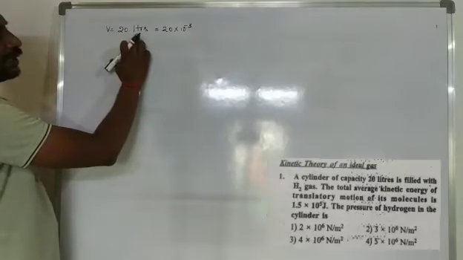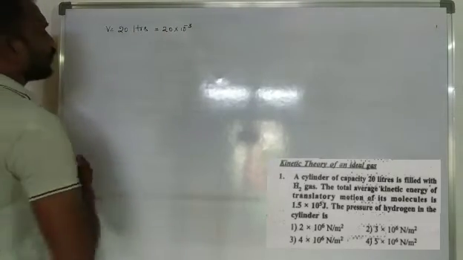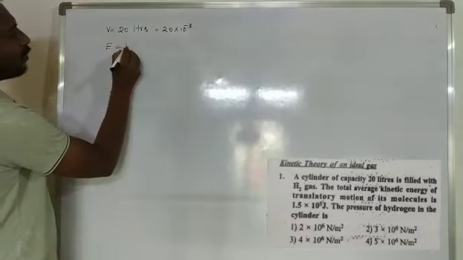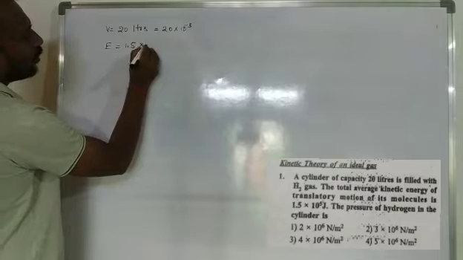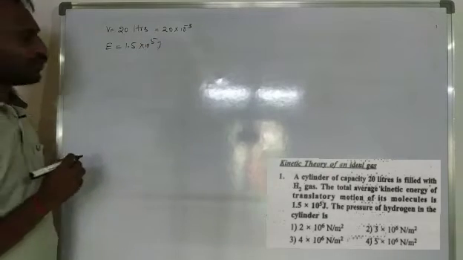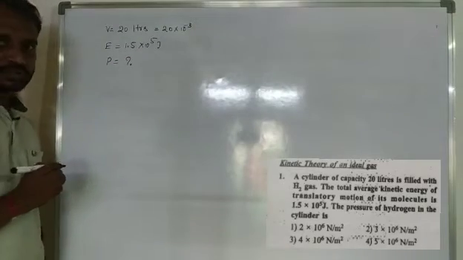Because the volume is given in liters, it is converted to meter cube, that is 10 raised to minus 3. The energy is given as 1.5 into 10 power 5 joules. And we want to calculate the pressure.